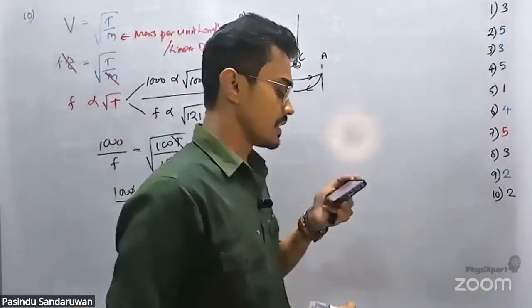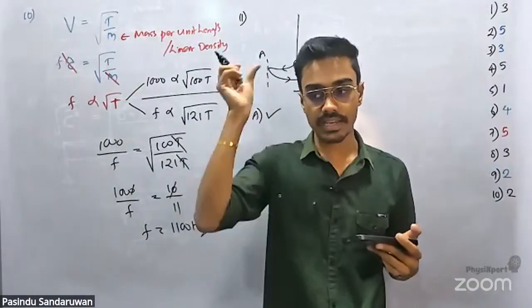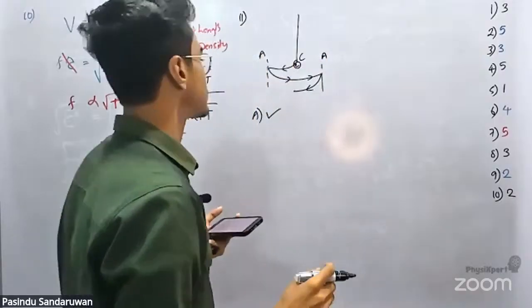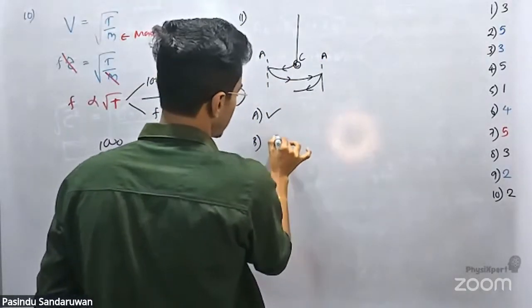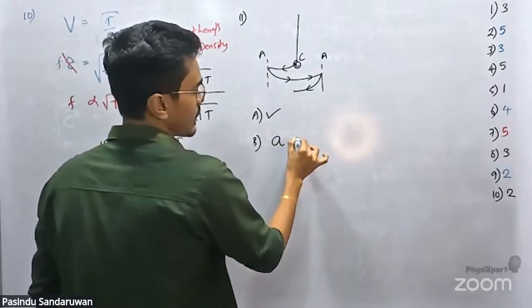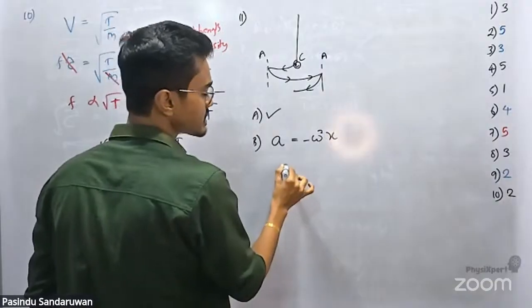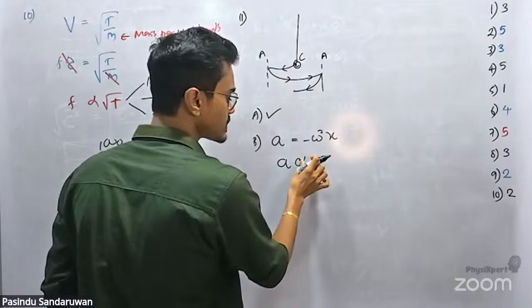Acceleration of the particle at the moment. Acceleration with distance is also the same, because for simple harmonic motion, acceleration a equals minus omega squared x.